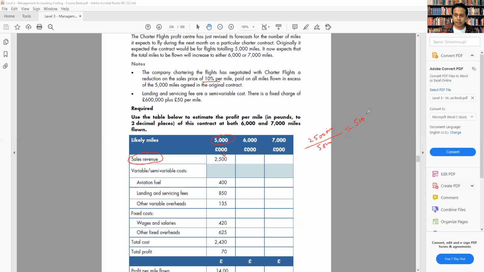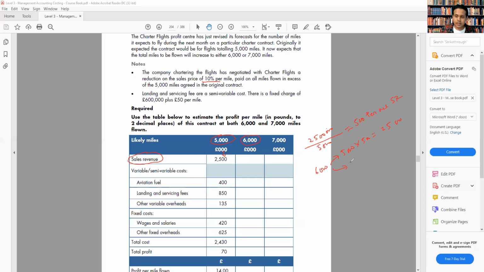So 500 per mile is the sales revenue per mile. Now for up to 5,000, for the 6,000 I'm calculating now, it is fixed: 5,000 times 500, which gives the same amount, 2,500.